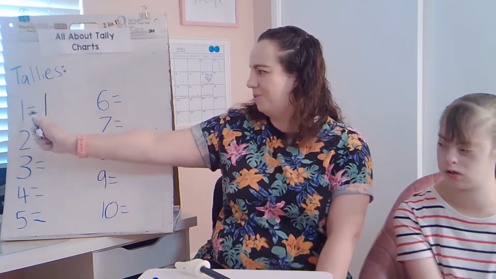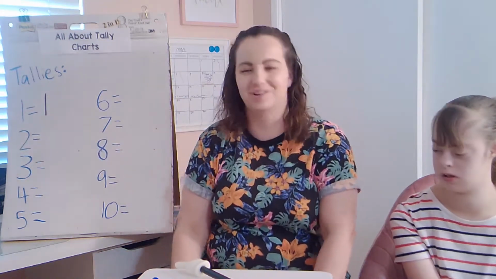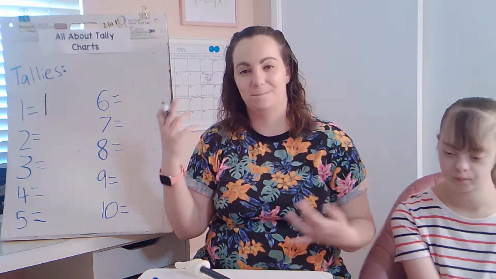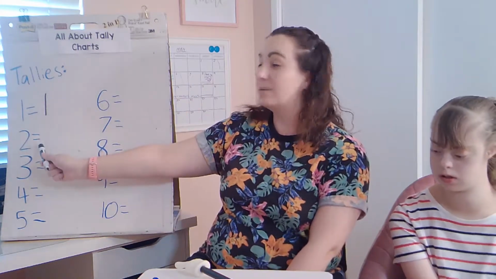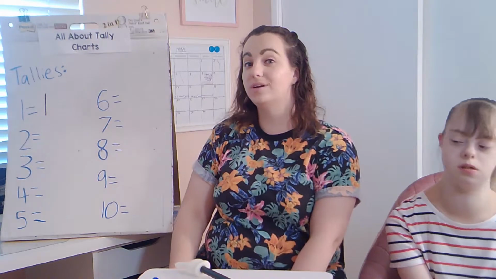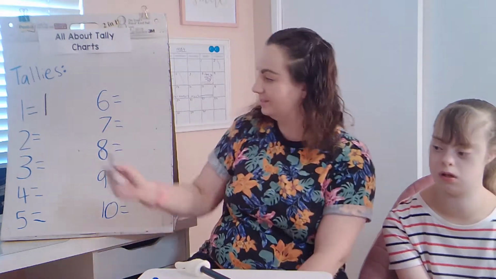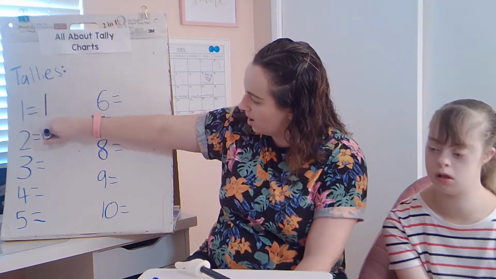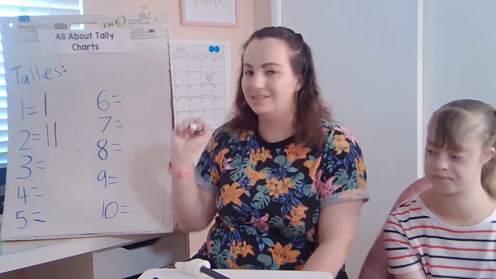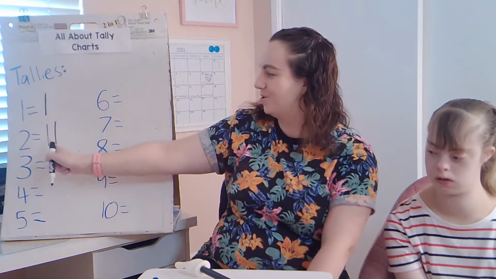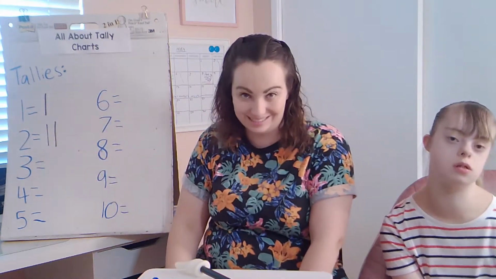I know, 1 and the tally look pretty similar. Depends how you write the number 1. But if we were going to write the number 2, you would show 2 tallies. It's not the number 11, no, but that's 2 tallies.